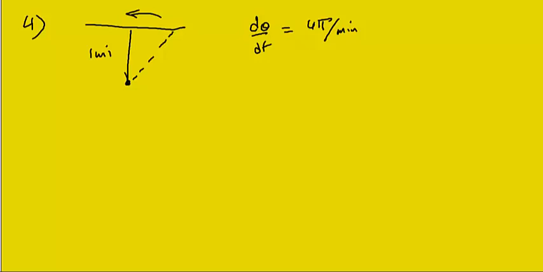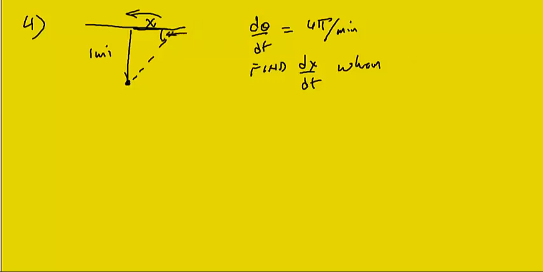Counterclockwise. How fast is the light beam traveling along the shoreline? That means this is the distance we're trying to find. So they want me to find how fast that is changing. Find dx/dt when the beam makes an angle of 45 degrees to the shoreline right here.